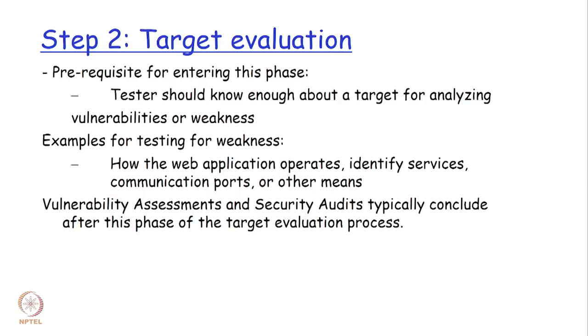So, these are typically the goals that one tries to achieve as part of the reconnaissance step of penetration testing. The next step is the target evaluation, where I get details about the information that I have gathered as part of reconnaissance, and then I try to know more details about a target for analyzing what kind of vulnerabilities or weaknesses are potentially there.